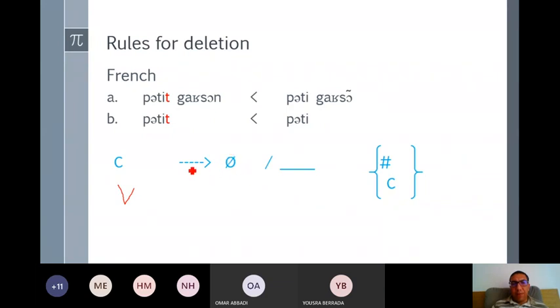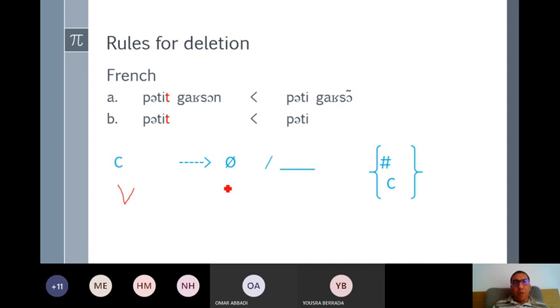The null symbol means that the consonant is deleted when it occurs finally or when it is followed by another consonant. Remember, the brace notation means either word finally or when it is followed by another consonant. So to formalize deletion, we use the null symbol.